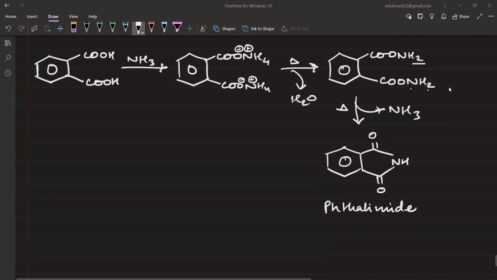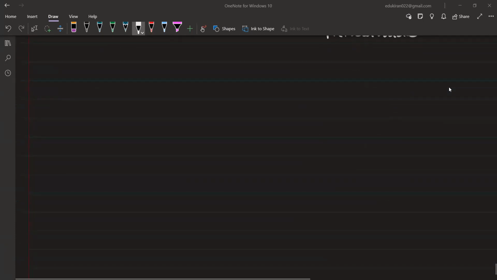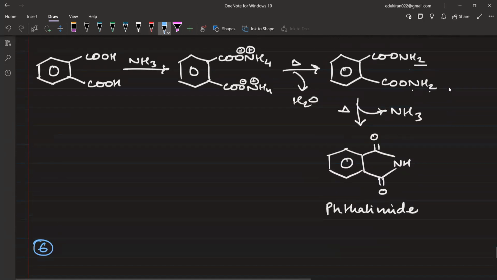Right, next, the reduction of carboxylic acid. This is the sixth reaction.